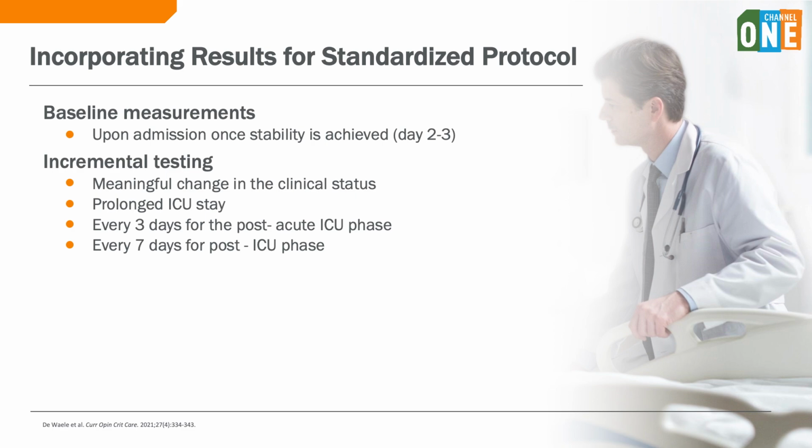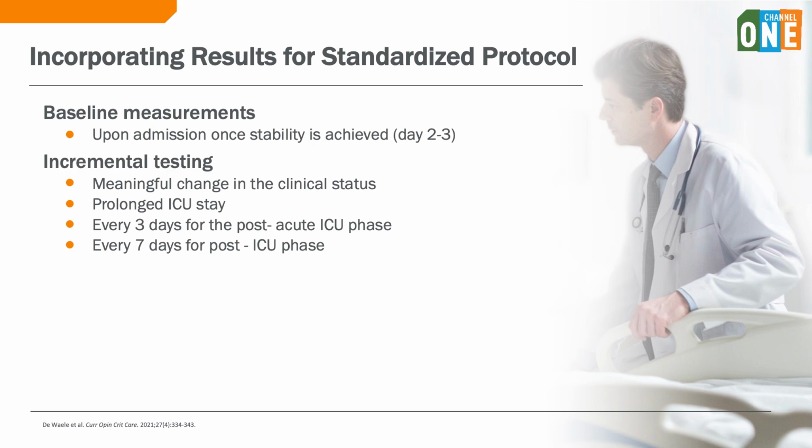Additionally, during a prolonged ICU stay, repeating indirect calorimetry every 3 days helps us track metabolic shifts during the transition from a hypermetabolic phase to a recovery phase. After ICU discharge to the floor, measurements of indirect calorimetry should be targeted for about every 7 days.